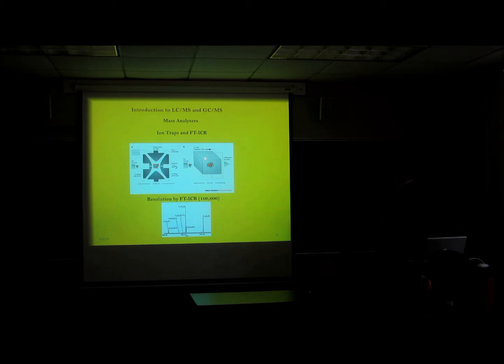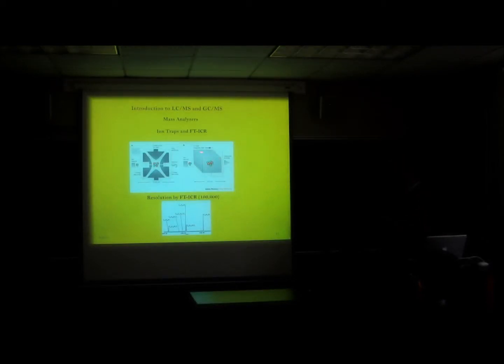FTICR is basically another type of trapping instrument. What you're doing here is injecting packets of ions into a region that is under the influence of a magnetic field. Ions of a given mass to charge ratio will begin to precess perpendicular to that magnetic field. They begin to separate out based on their resonance frequencies in the magnetic field.